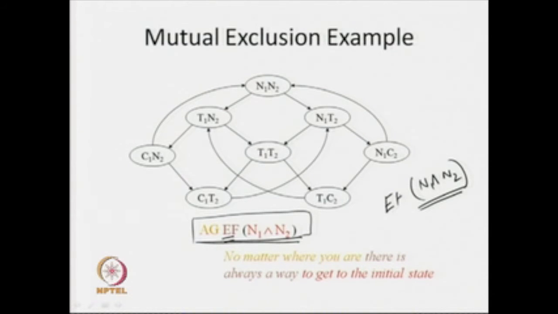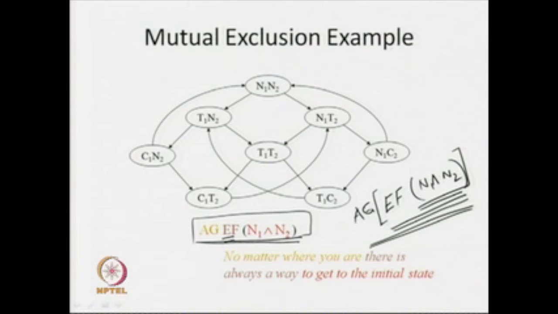There exists a path in future. So, there exists a path in future N1 and N2. Since N1 and N2 is a CTL formula, EF (N1 and N2) will be a CTL formula. And before that I am writing AG, that means in all paths globally there exists a path in future N1 and N2. I can give this bracket, so eventually this is a CTL formula.